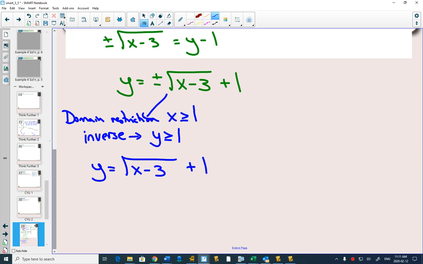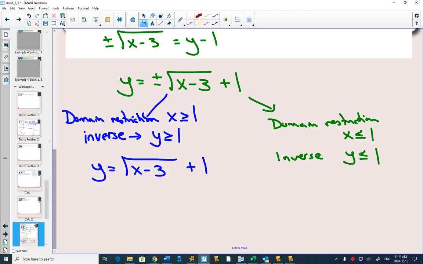For the green one, the domain restriction of the original function was x is less than or equal to 1. So that means on your inverse, y would have to be less than or equal to 1. Means that it goes down forever. In order for it to go down forever, you would need a negative in front of that square root.